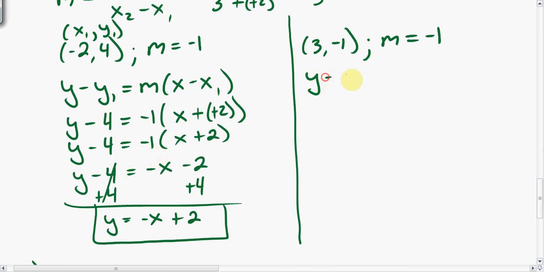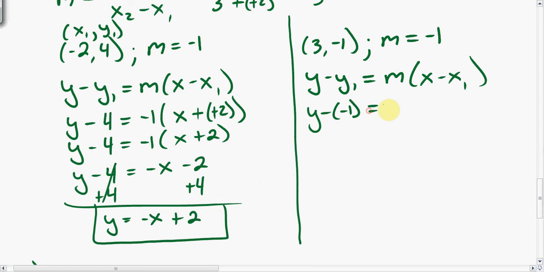So we've got y minus y1 equals m times the quantity x minus x1. Right, so I'm going to plug in my y1, which is -1. So I've got y minus -1 is equal to m times the quantity x minus x1, which is x minus 3.